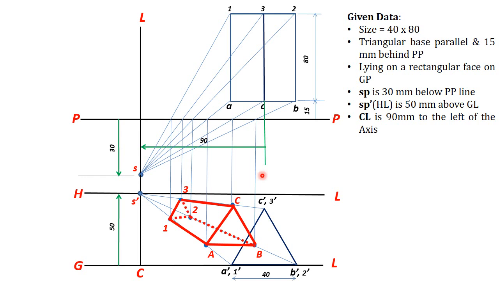The last rule is if a point within the boundary is invisible, then all the lines joining that point will be invisible.